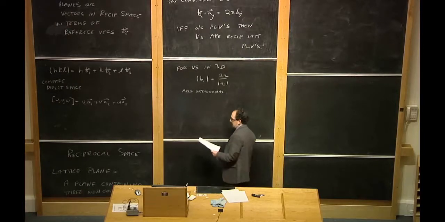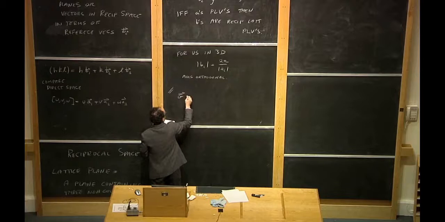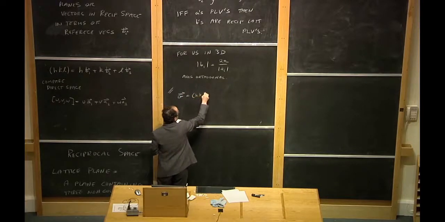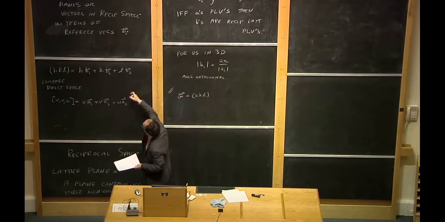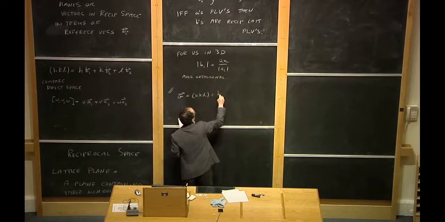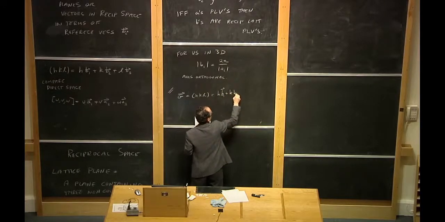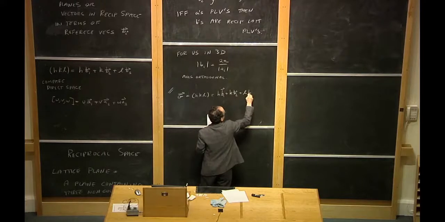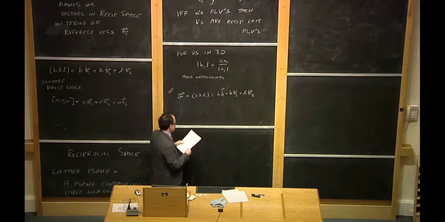So generally, when we write down G equals HKL, we mean H B1 plus K B2 plus L B3, where the B's have been constructed in this way.